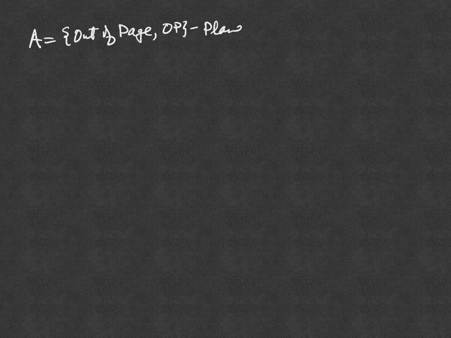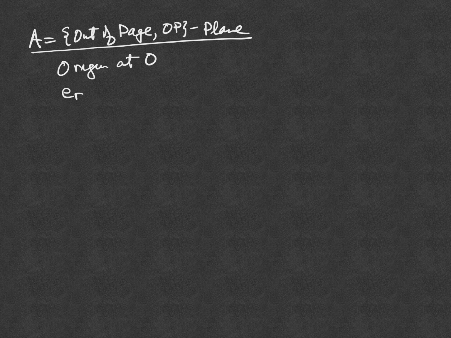So now here are my 2 frames. Remember, I'm going to go backwards from the last frame to the first frame. So A is equal to the out of page OP plane. And the coordinates that are going to be fixed to this frame are going to have its origin at O. I'm going to put ER along OP. I'm going to say EZ is out of page.